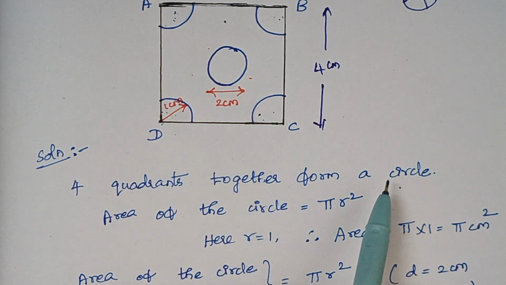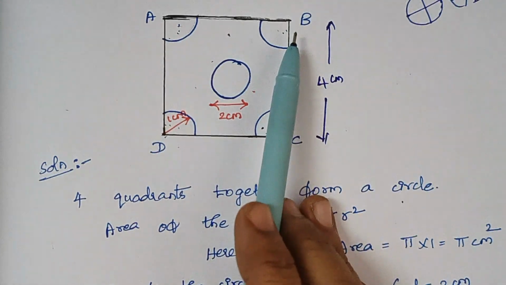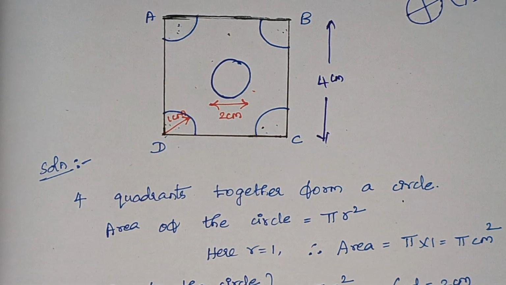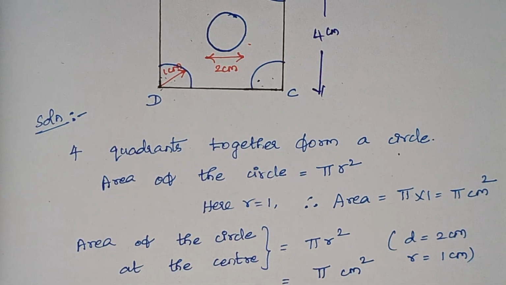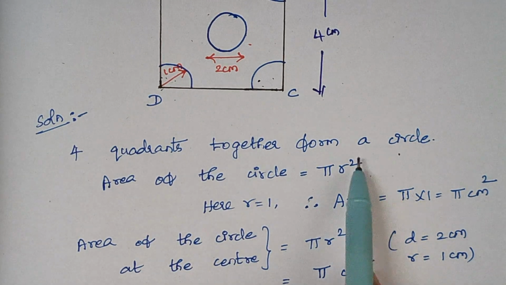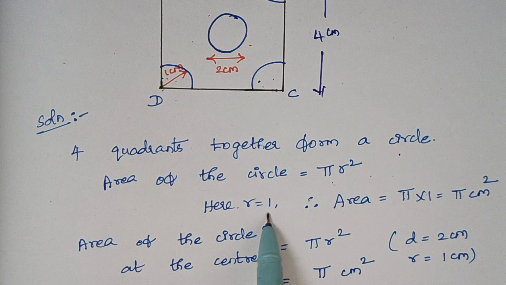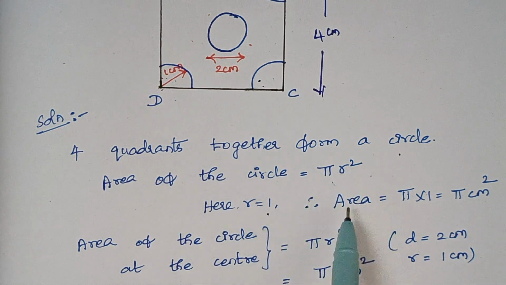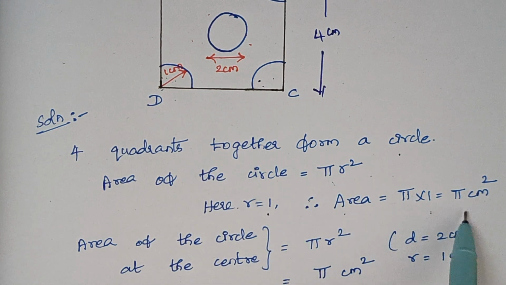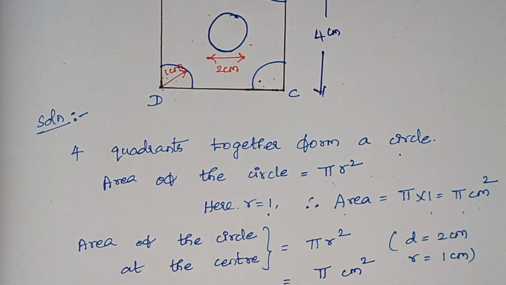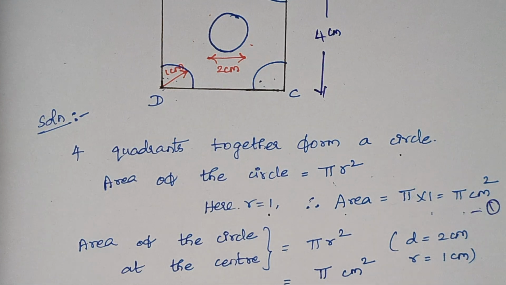So we are making these four quadrants into a single circle. So area of the circle is pi r square, and obviously the radius is 1. This is given in the problem. So area is pi into 1 square, which is pi centimeter square. So let this be your equation 1.